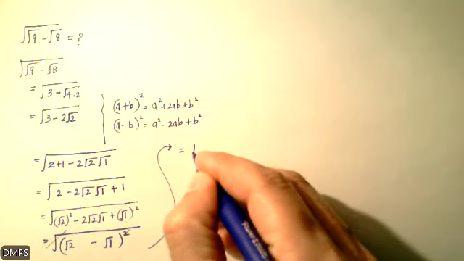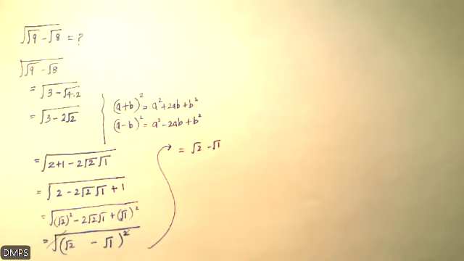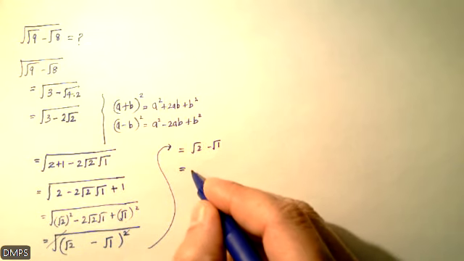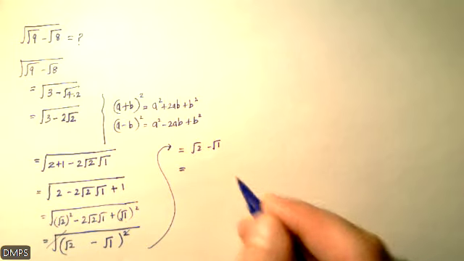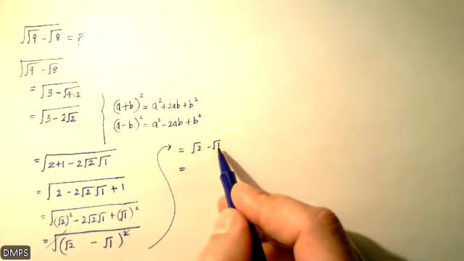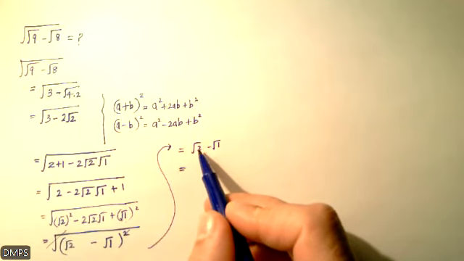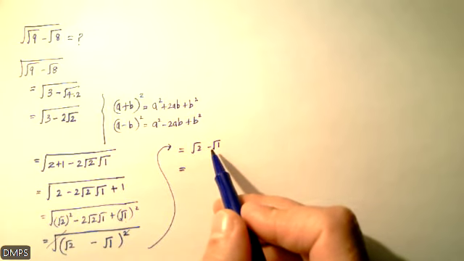So this is equal to root 2 minus the square root of 1. And we know that the square root of 2 is 1.414, and the square root of 1 is simply 1. So 1.414 minus 1 is still a positive value.